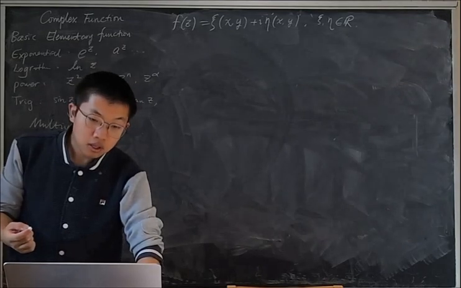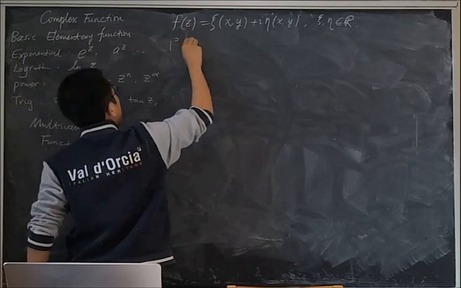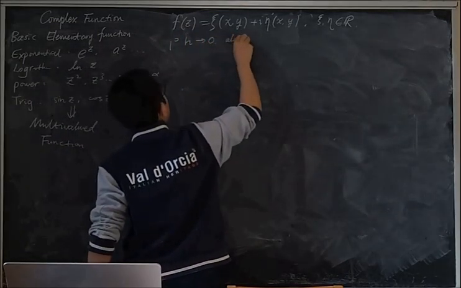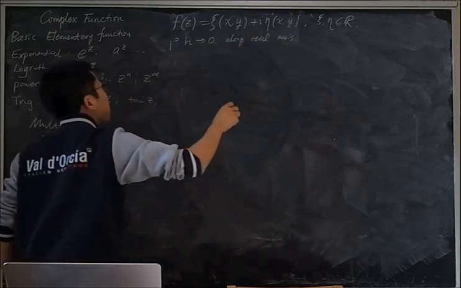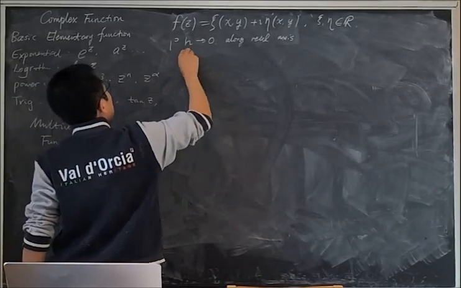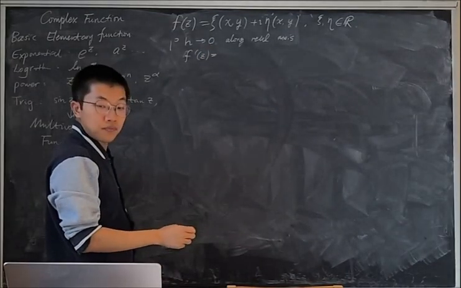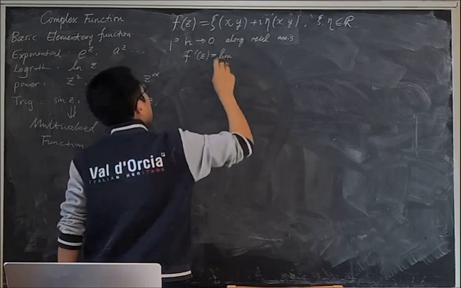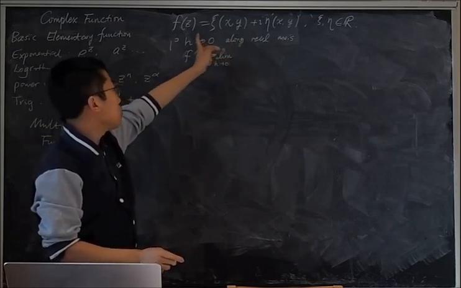First of all, I let h approach 0 along the real axis. And if the derivative exists, that is the limit of h goes to 0. Because h approaches 0 along the real axis, h is just a real number.